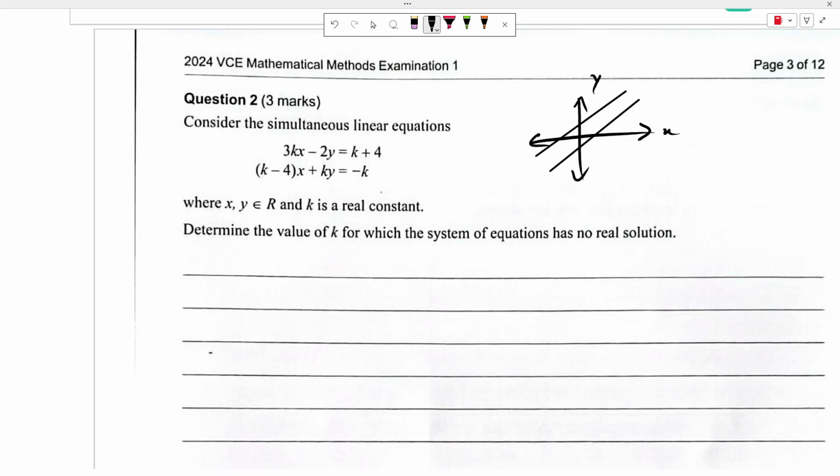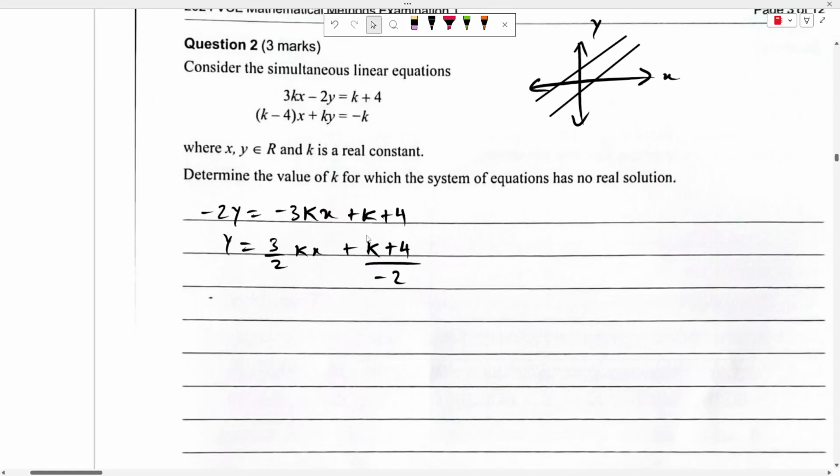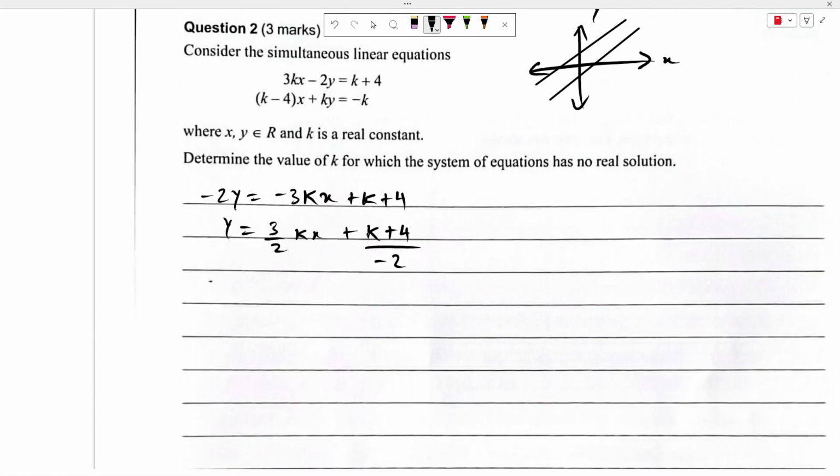So first, let's get both of these in y equals mx plus c form. So we get minus 2y equals minus 3kx plus k plus 4. Y is going to be 3 over 2 kx plus k plus 4 divided by negative 2. Then the other one is going to be ky equals minus k minus 4x minus k.